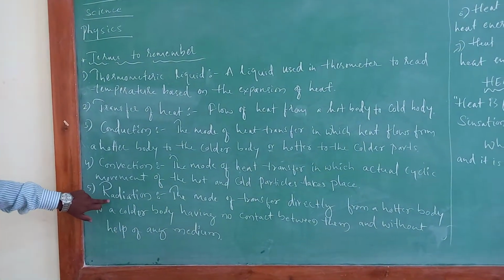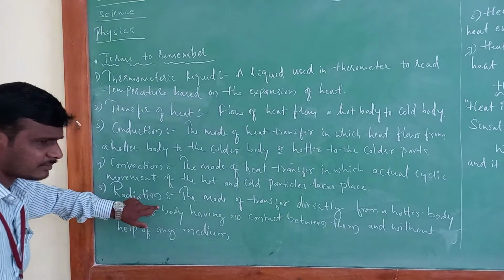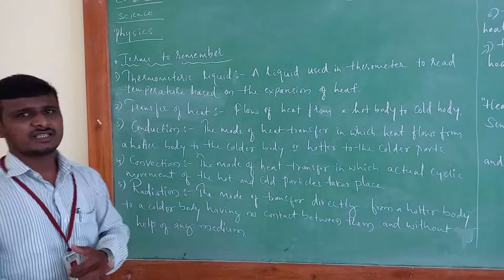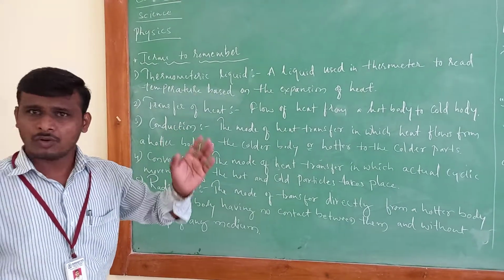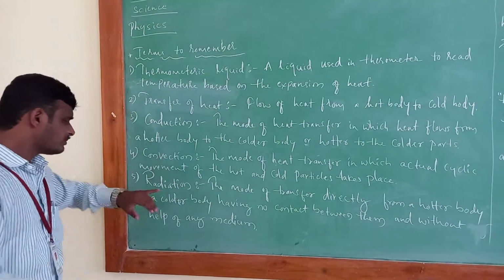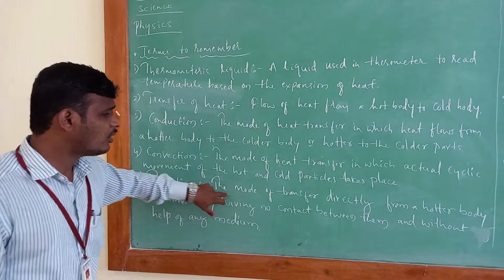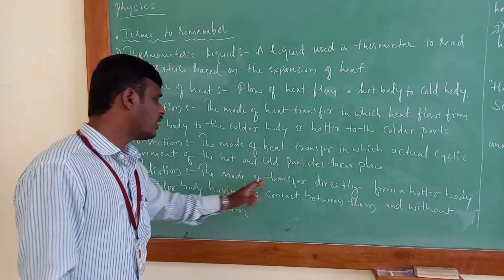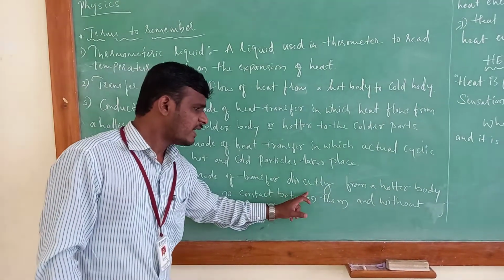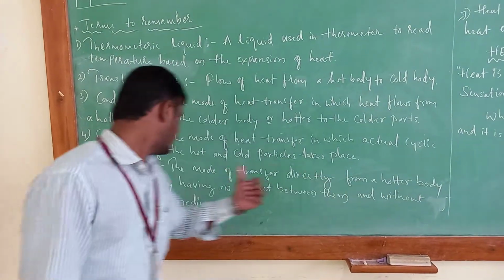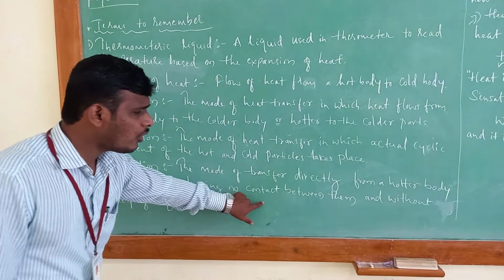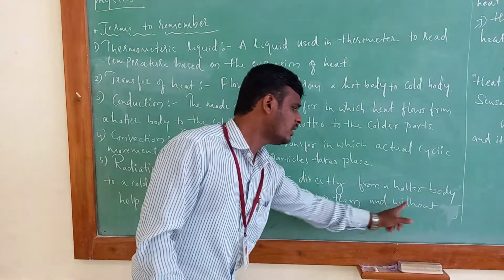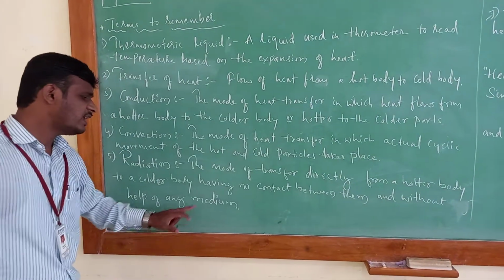The third method of transfer of heat is radiation. You have seen the sun, it radiates its light all over the world. Radiation is the mode of transfer of heat directly from a hotter body to a colder body, having no contact between them and without the help of any medium.